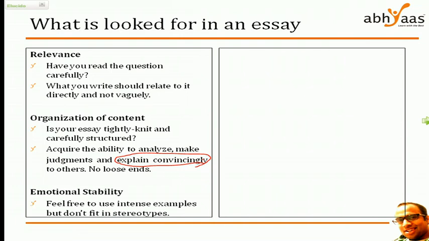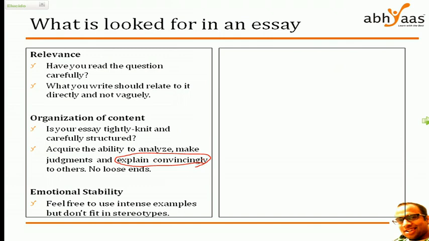The next comes your emotional stability. Okay? It's not just while speaking, but even while writing, that there is a possibility of an emotional outburst, where you reason something more out of feelings and impression than on facts and reasons. Please understand it has to be facts and reasons based on which you explain a point rather than your feelings, right?